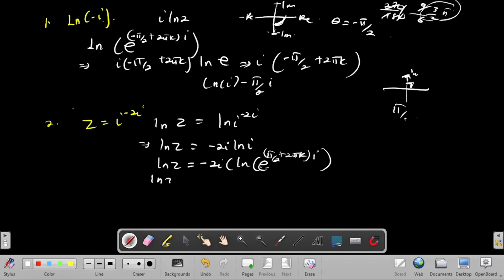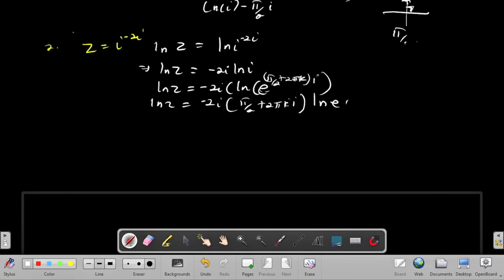So my ln z will simply be equal to negative 2i. Now, since you are doing logarithm, you can bring the power down. So I have pi on 2 plus 2 pi k i here. Then ln e, simple as that.